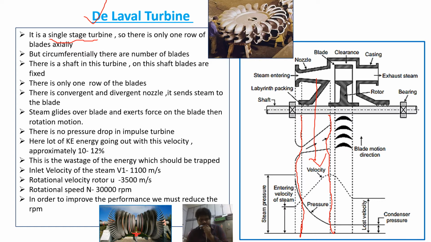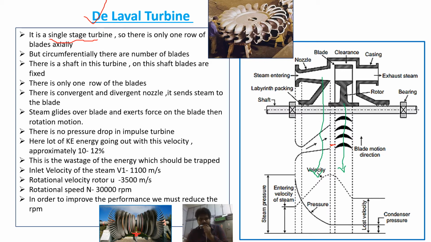And this area is the turbine blade area. Okay. Between nozzle and turbine blade there is a gap. So this is the gap. In this gap there will be no change in the pressure and velocity.